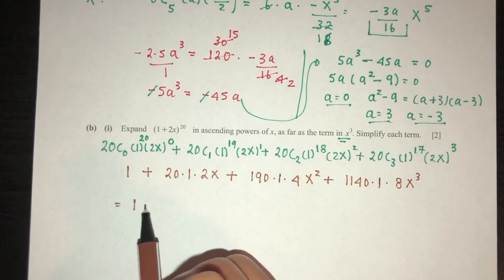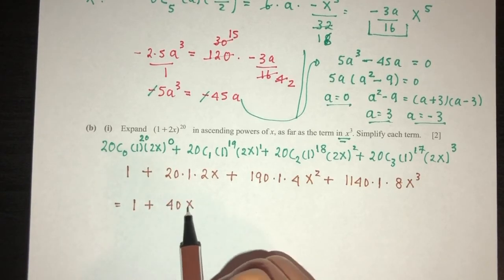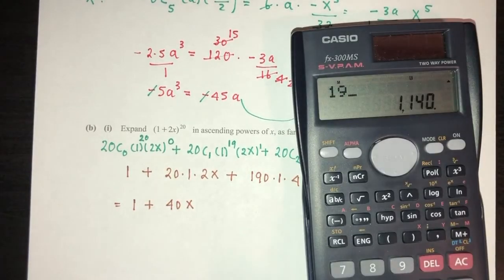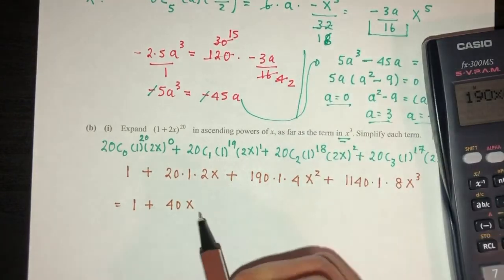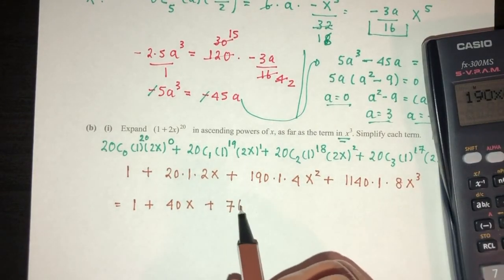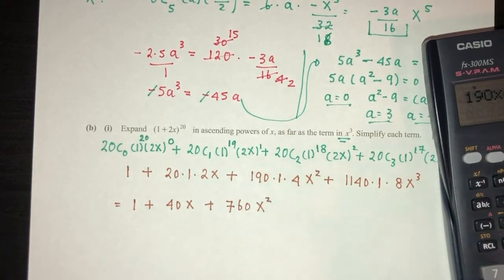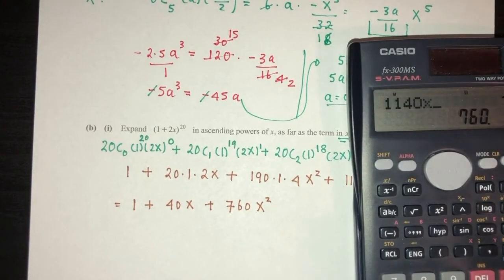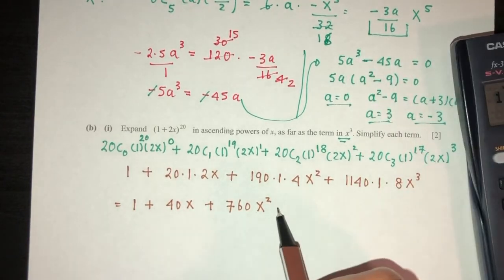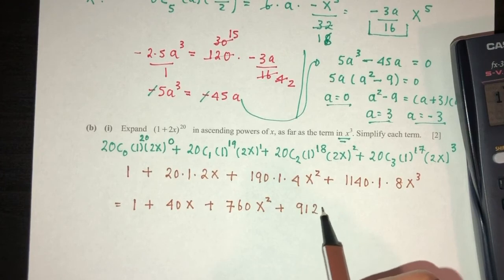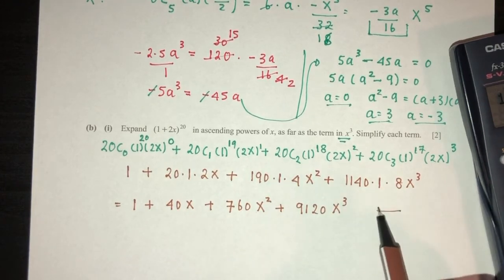This will be 1 plus 40x. So 190 times 4 plus 760x squared. So 1140 times 8 plus 9120 x power 3.